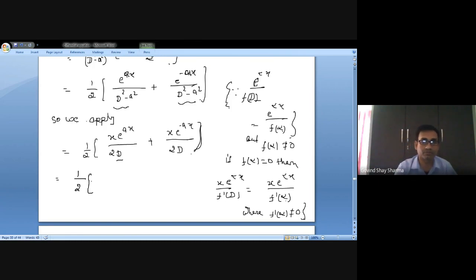These two we can take common, or we can write x integration of e to the power alpha x, then it becomes e to the power ax upon a. Similarly here, x e to the power minus ax: integration of e to the power minus ax becomes e to the power minus ax upon minus a. So this becomes minus.